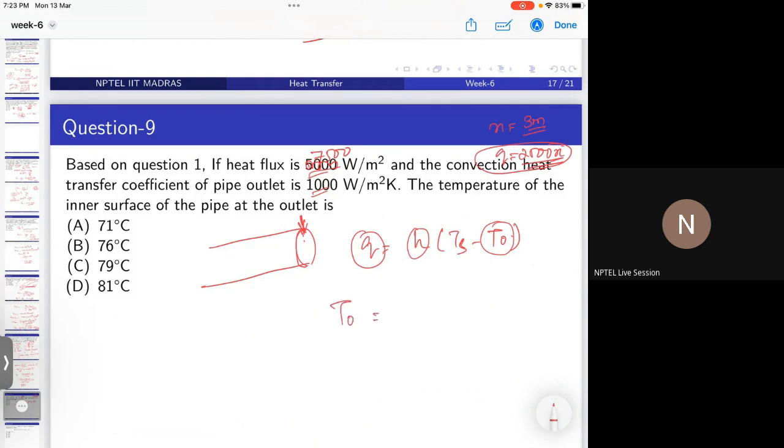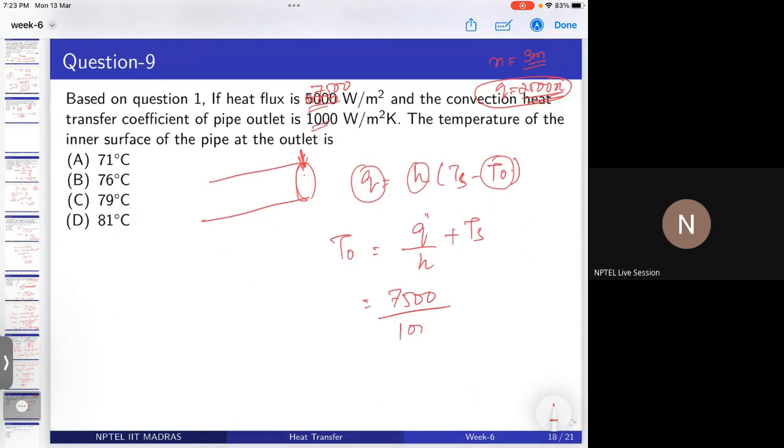Okay, so Ts is equal to Q dot by h plus To. Q dot is 7500 by what is h? 1000, plus 62.8. That is 7.5 plus 62.8.